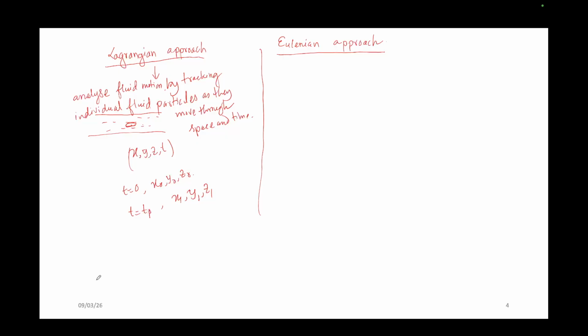So what are some of the properties that we can track? Suppose I talk about this particle, we can track its velocity, temperature, pressure, right?